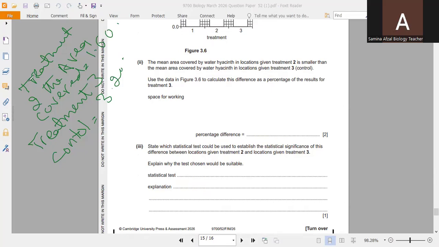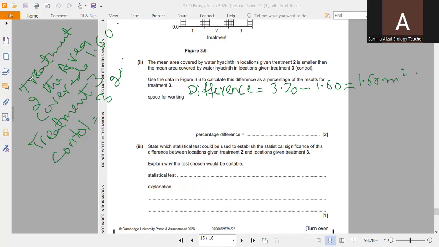It will be in this way. First of all, the difference. 3.20 minus 1.60 is equal to 1.60 meter square.